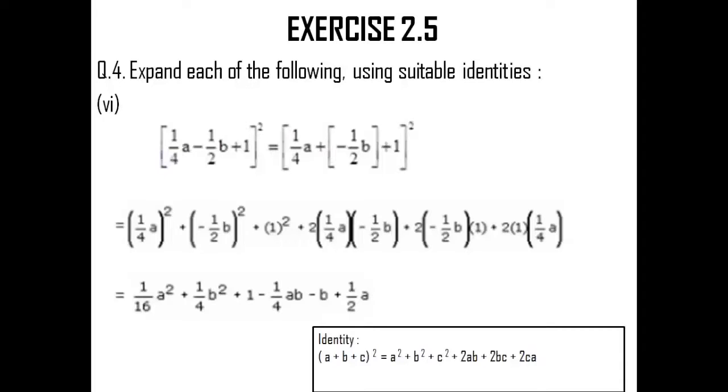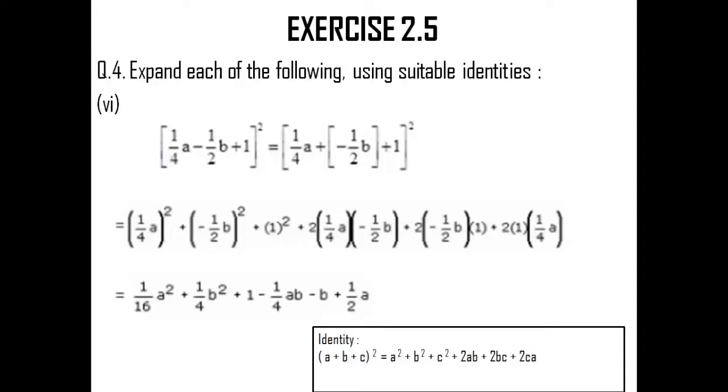So what will a be replaced by? A will be replaced by 1 upon 4a. What will b be replaced by? Yes, b will be replaced by minus 1 upon 2b. And what will c be replaced by? C will be replaced by 1.